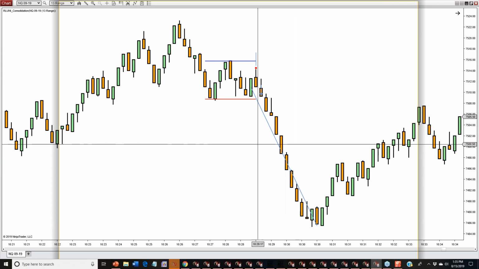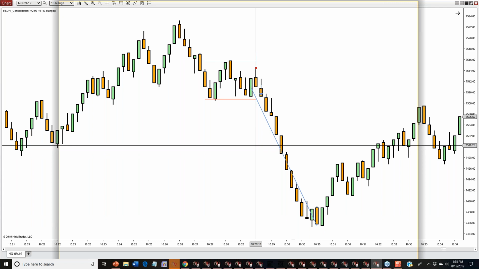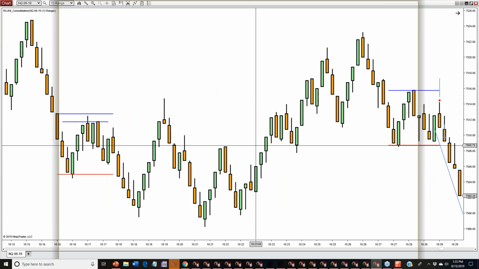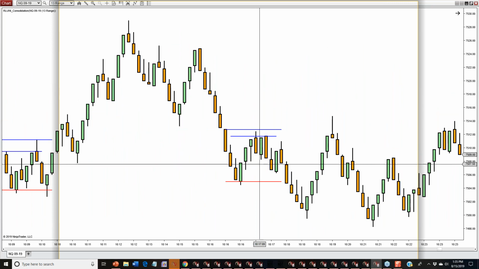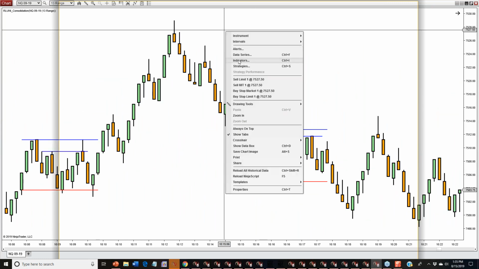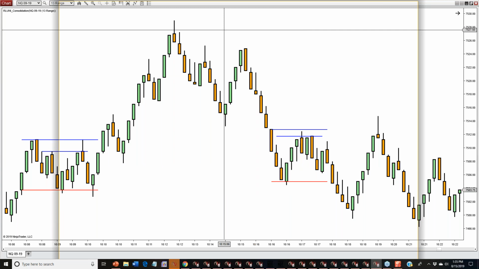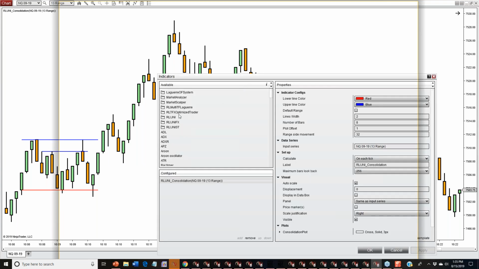That's sort of a gimme trade, and you don't get that very often. Right there. And I'm going to put two other things in here now, to define market structure.